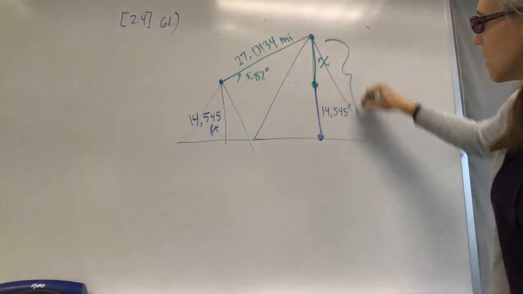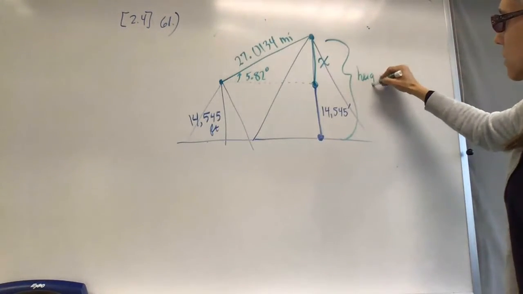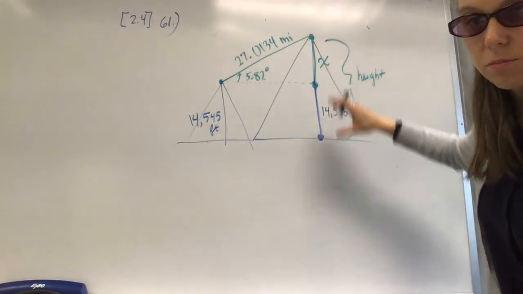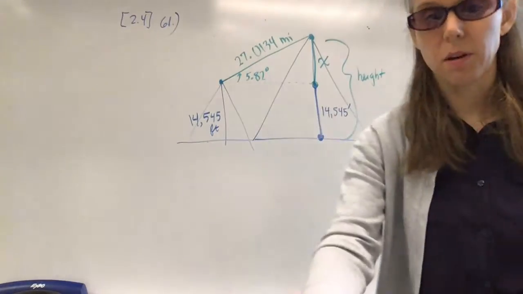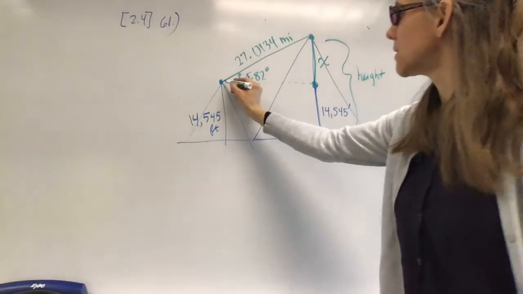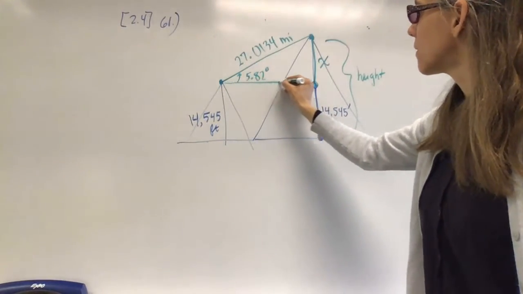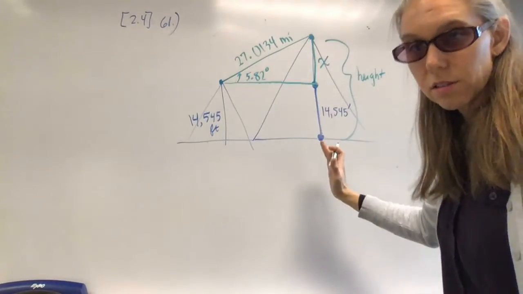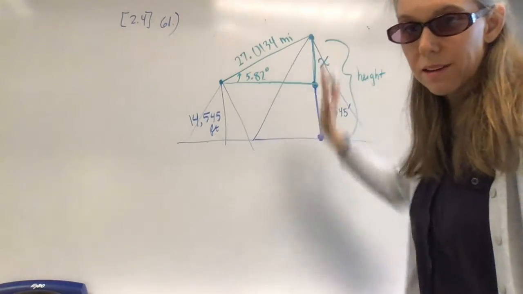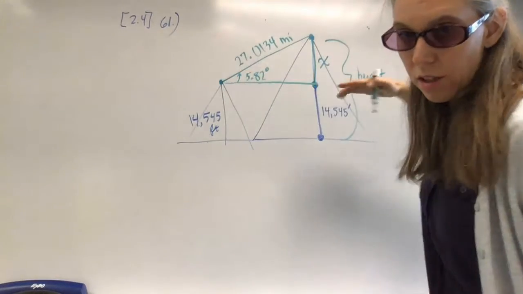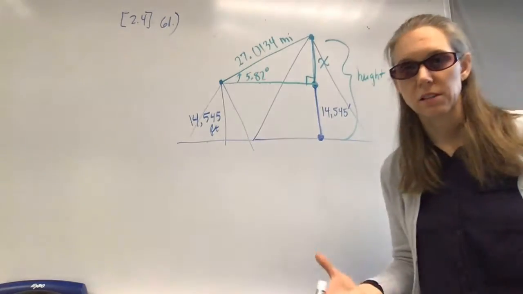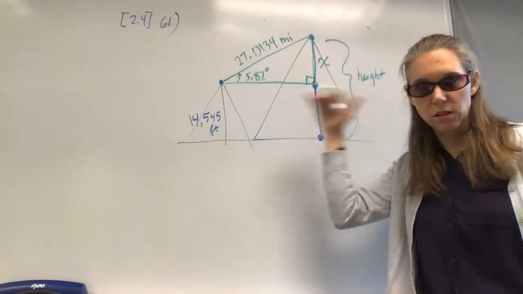And then the entire height of Mount Everest is going to be the 14,545 plus x. That would be your height of Mount Everest. Now, this horizon line right here is going to be perpendicular to the altitude, because altitude is going straight up and down, horizon is going straight across this way, so we do have a right angle, and that's not an assumption, that's just based off the definitions of altitude and the horizon line.